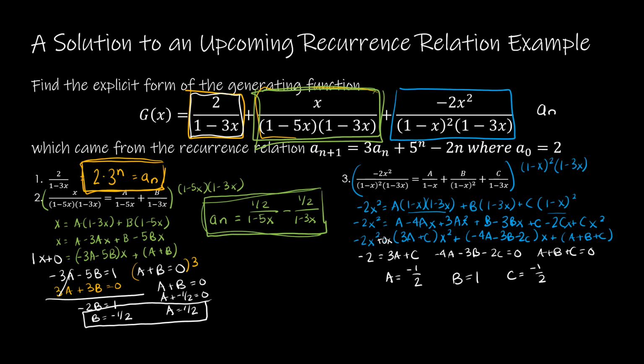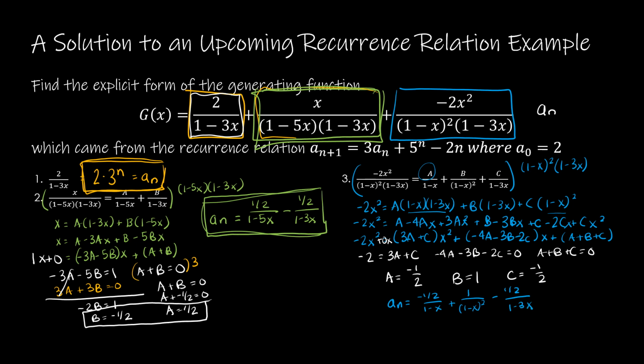This would be a sub n is equal to negative 1/2 over 1 minus x, so I'm just replacing a with negative 1/2, and then plus 1 over 1 minus x squared, and then minus, because c is negative, minus 1/2 over 1 minus 3x.